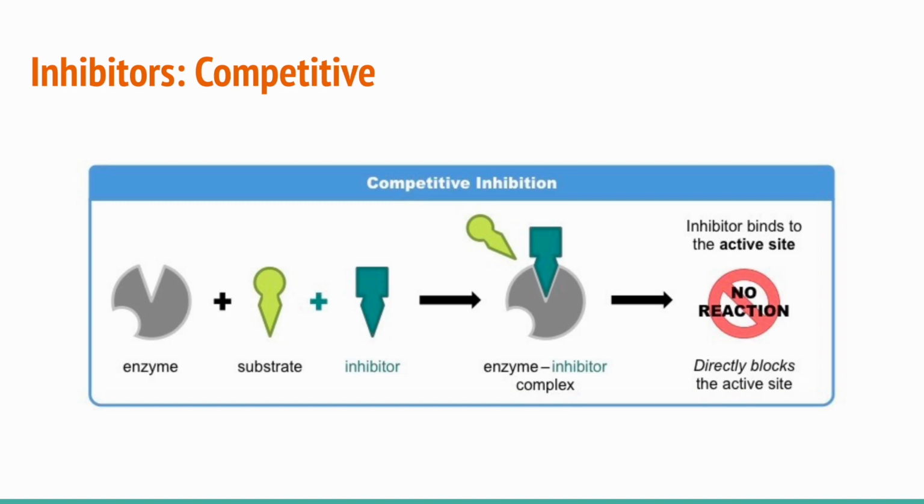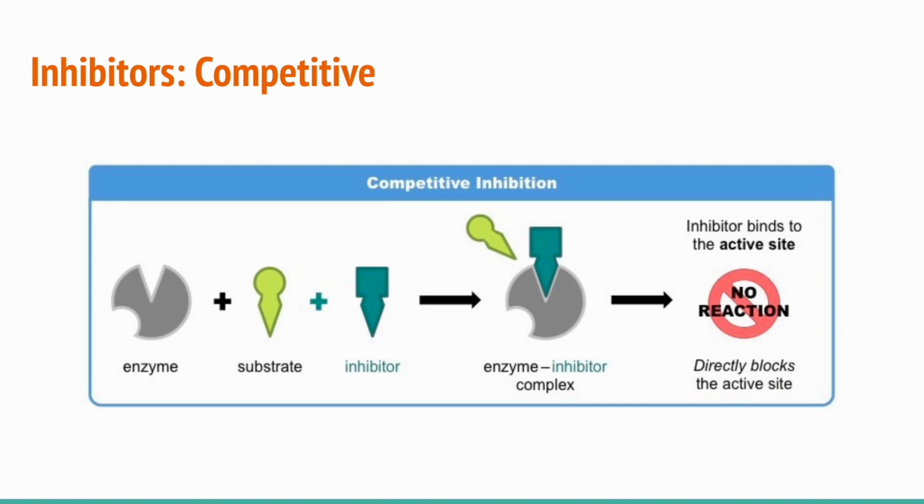So if a competitive inhibitor binds irreversibly to an enzyme's active site, it's called an inactivator, but not all competitive inhibitors are inactivators, and most bind reversibly. It should also be noted that an inhibitor may not be fully complementary to an active site, so it might not necessarily be the exact same shape as a substrate molecule. It will just be complementary enough such that it can bind with the active site and essentially block it, if that makes sense.